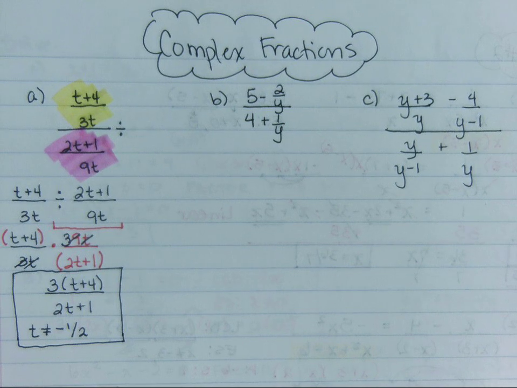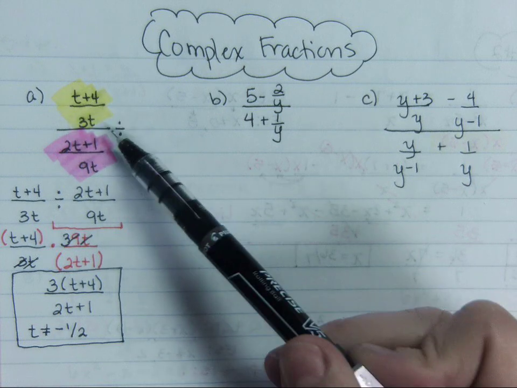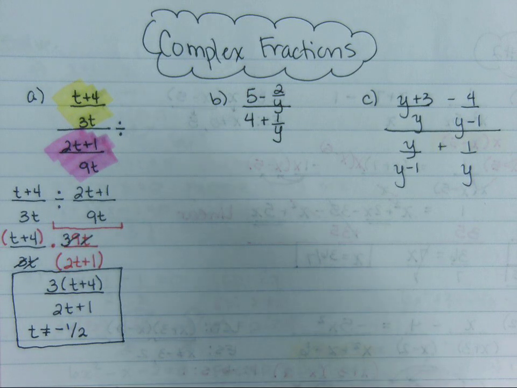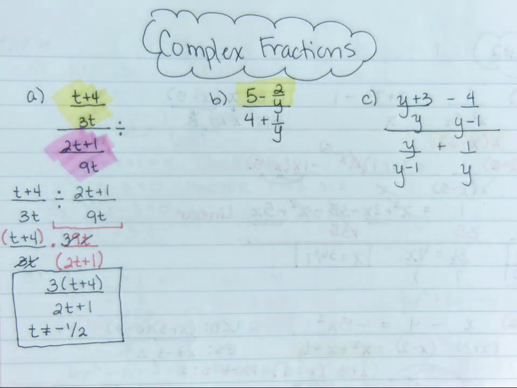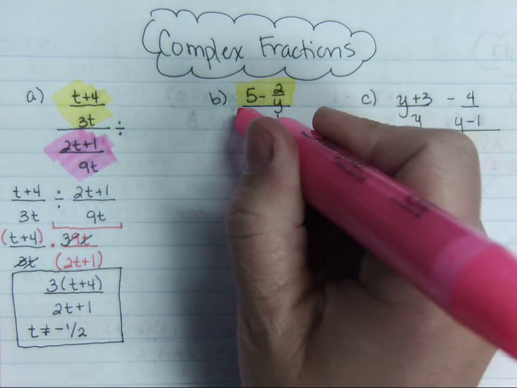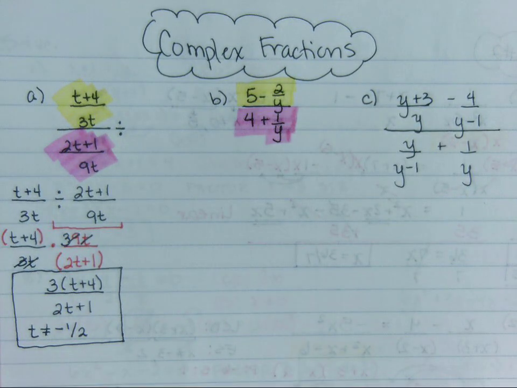So that's the basic process when we are already written as a simplified fraction divided by another simplified fraction. So let's look at the process when it obviously gets more complicated. So again, recognize that that is the expression in the numerator, and this is the expression in the denominator.